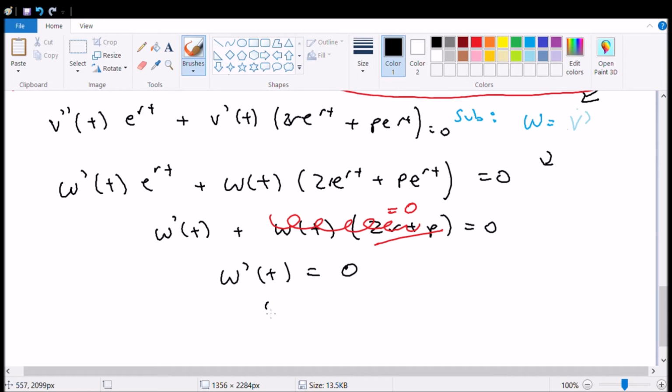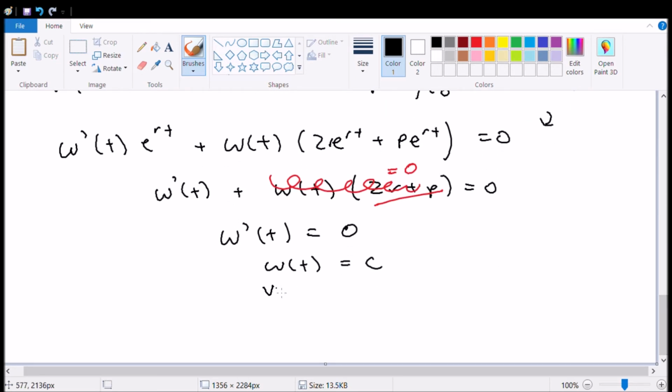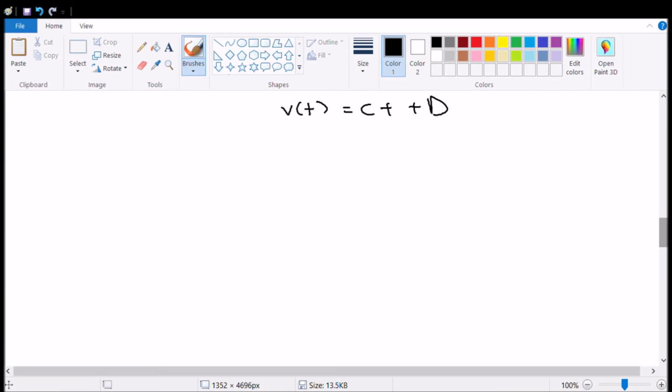So of course we can integrate that and get w of t equals c. And then remember that w was actually v prime, so we can remember that over here. So v prime of t equals c, integrate again, v of t equals ct plus d. So we've got that v of t equals ct plus d.